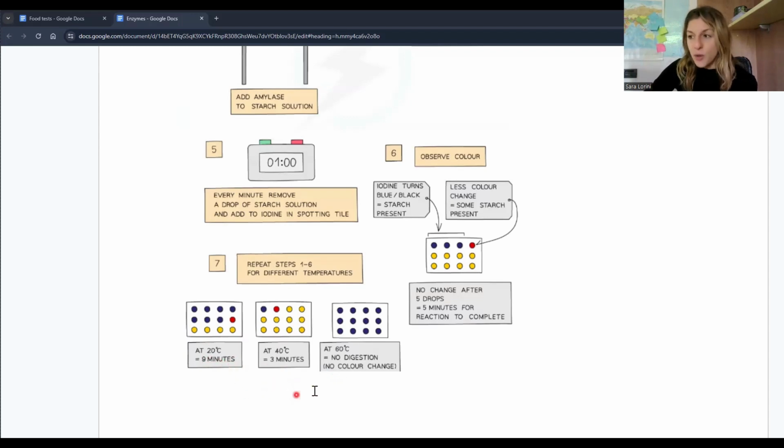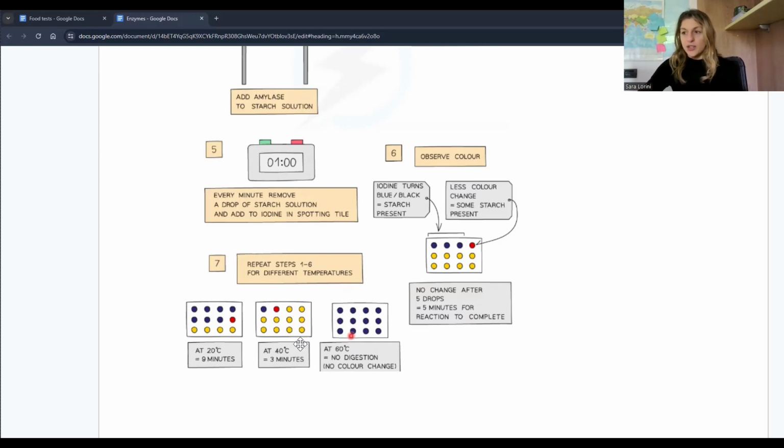At colder temperature, or at hotter temperature, for example 60 degrees, there is no digestion because there is starch present all over. This means that the amylase enzyme has denatured, so it can no longer bind to the starch and break it down. Why? The active site has changed because of this denaturation.